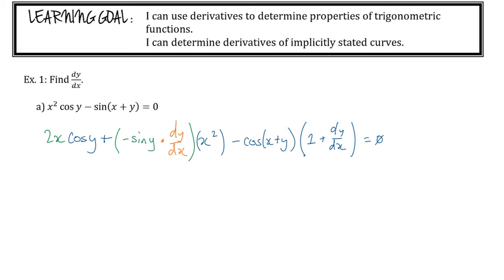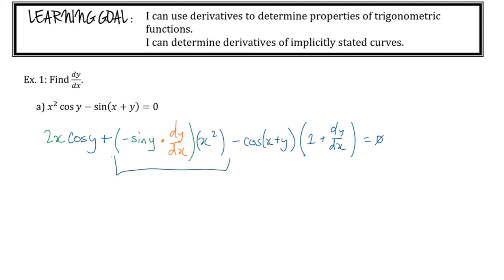So that's what we're going to do next. So I'm going to keep the dy by dx terms on the left, and anything I can move to the right, I'm going to do that. So I'm going to move this to the right.